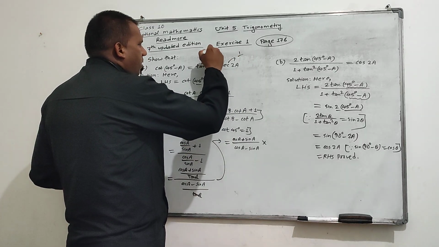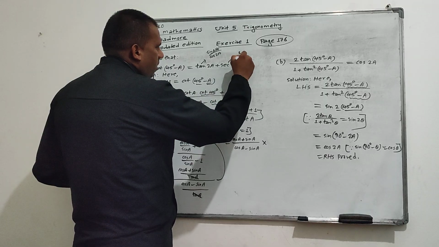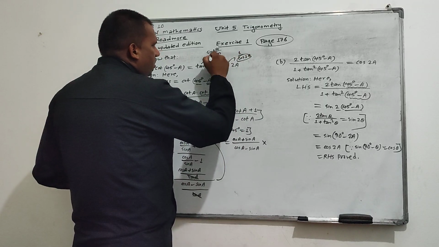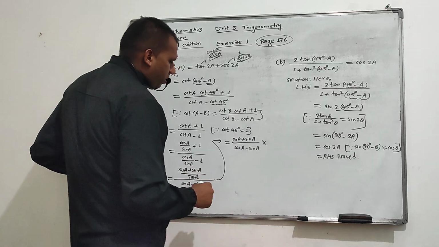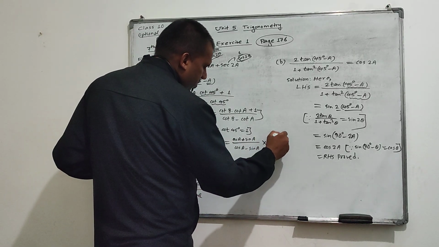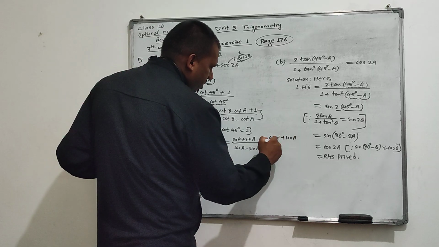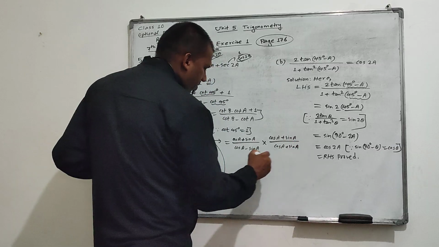Now on the RHS we obtain tan 2A, that is sin 2A by cos 2A, and sec 2A, that is 1 by cos 2A. On both, the denominator is cos 2A, so to get cos 2A we need cos square A minus sin square A, so we multiply by (cos A plus sin A) upon (cos A plus sin A).